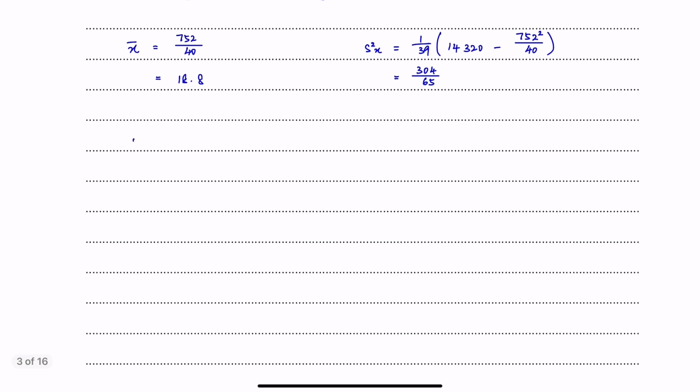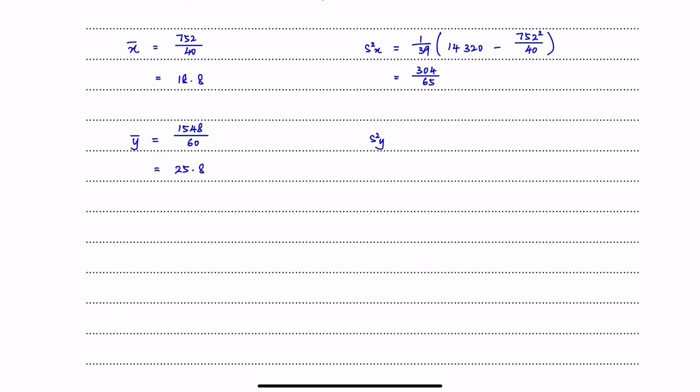And now let's go to y. The mean of y would be 1548 divided by the number of y, which is 60. So this would give us 25.8.